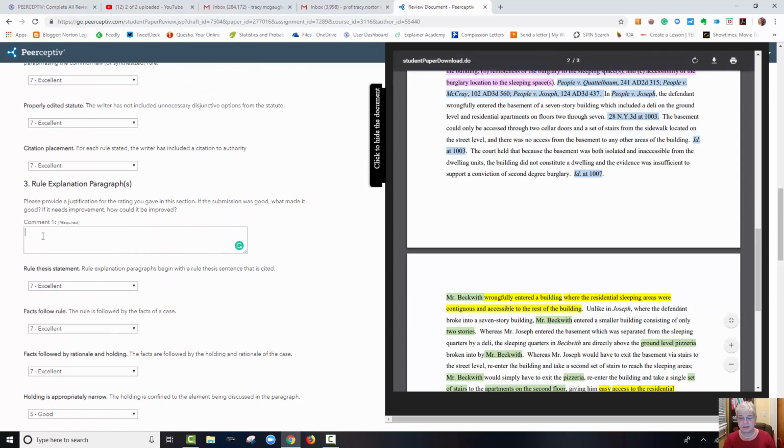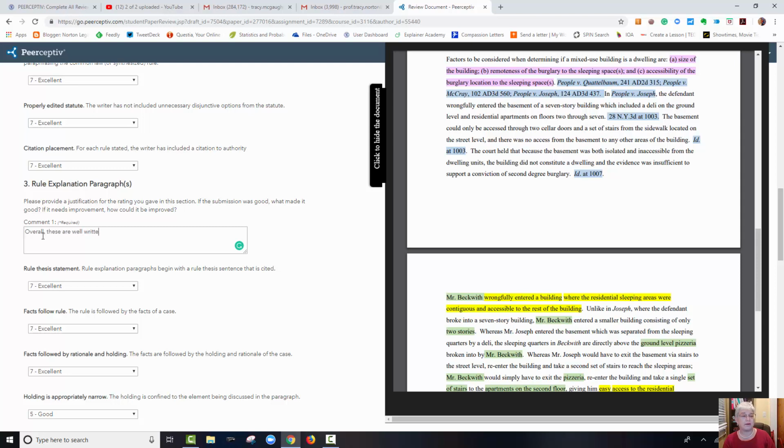So my one comment is going to be, overall, these are well-written rule explanation paragraphs. However, remember to keep the holding of the case narrowed to the rule in the rule thesis sentence at the beginning.